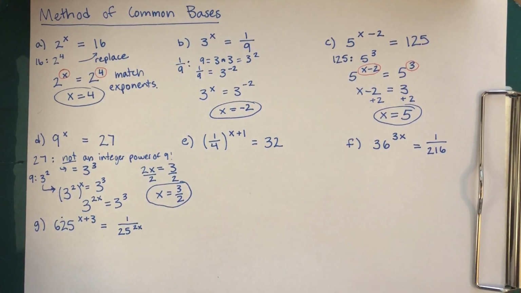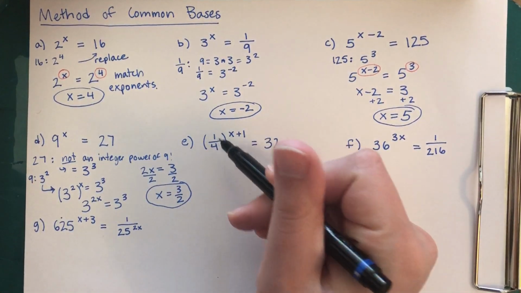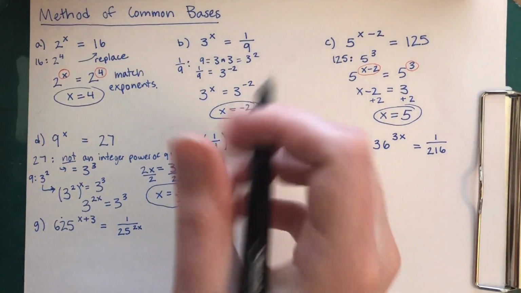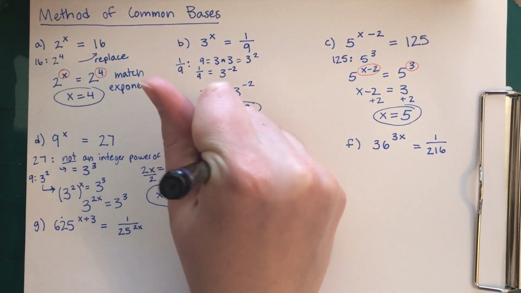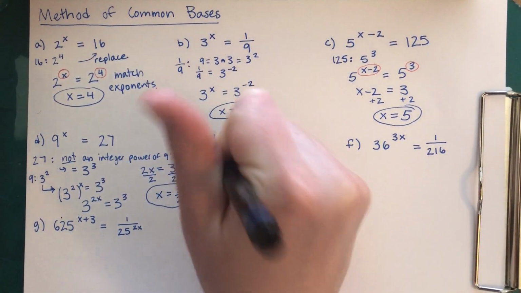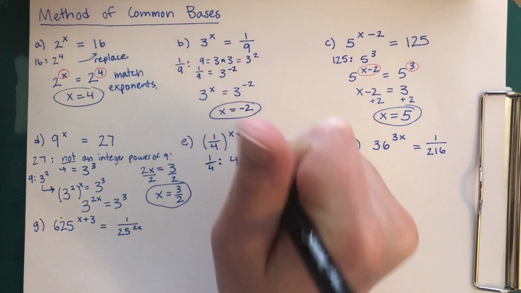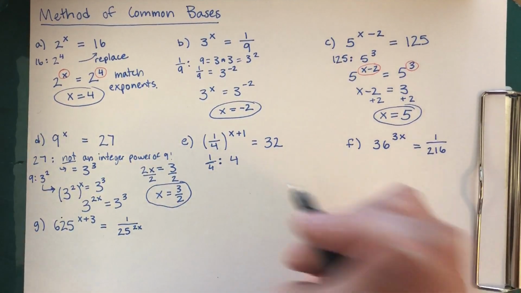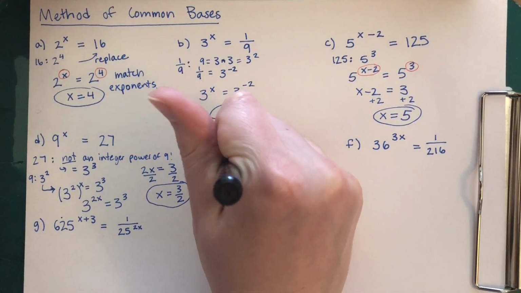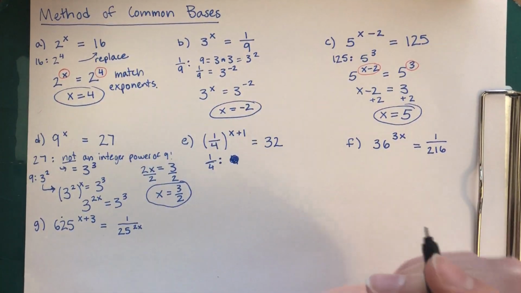So we have a couple more examples where we're going to need to replace both sides, both numbers. So I have 1/4. I'm gonna turn this into 4. Actually, I could do 4, but remember what it says on the common exponents page. We could do 4, but it's usually a better idea to use 2.